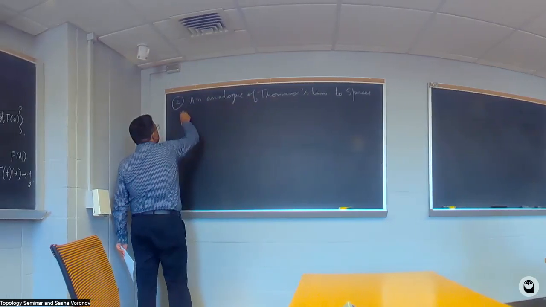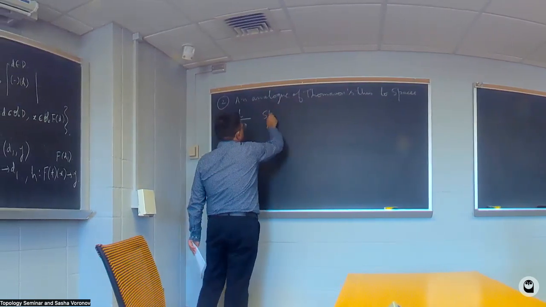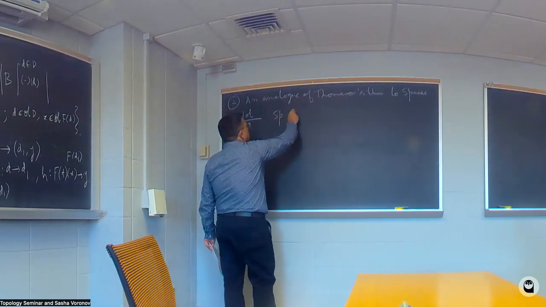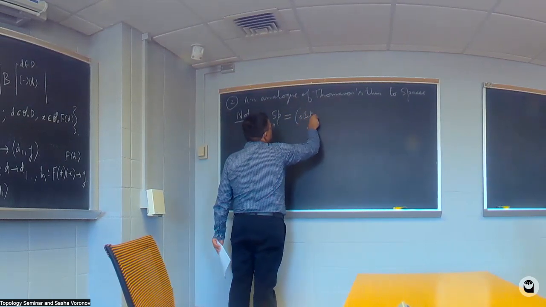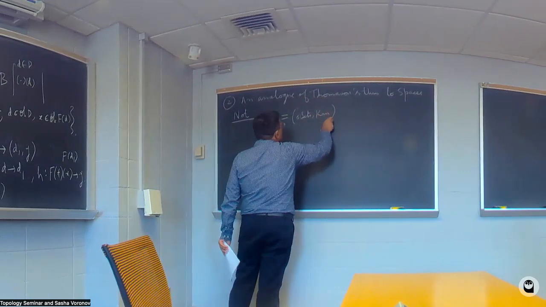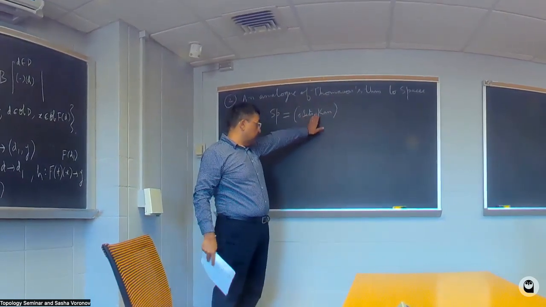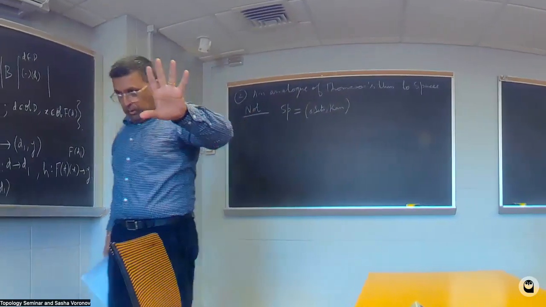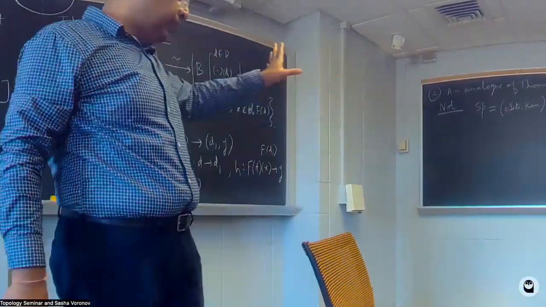Oh, hold on. Let me fix some notation here. Now, SP here, I would mean the model category of simplicial sets with the Kan model category structure. That means the fibrant objects in this are Kan complexes. Now, this is my choice of the homotopy theory of spaces, but this theory would work for any choice of spaces.